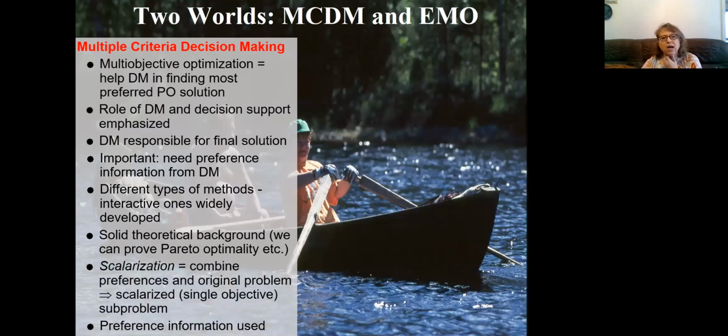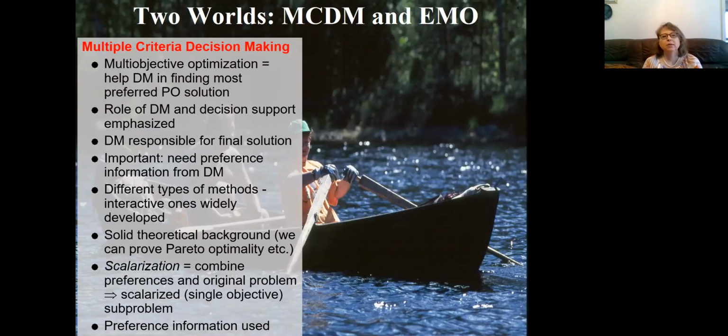We have also two types of methods. The basic MCDM world derives from the school of thought of mathematical optimization. So we have optimality conditions characterized for multi-objective optimization problems.